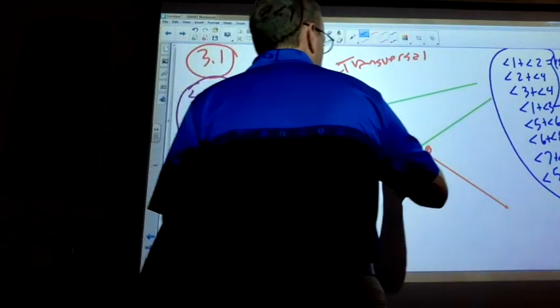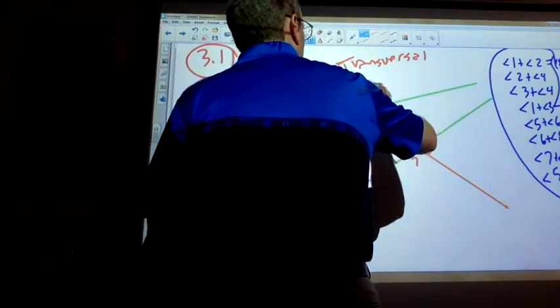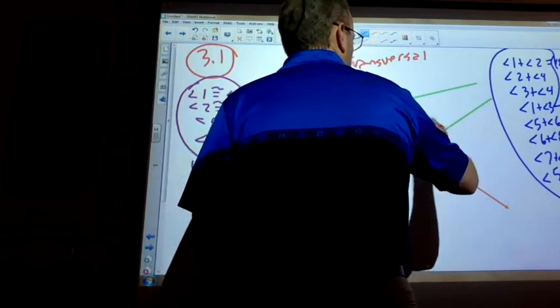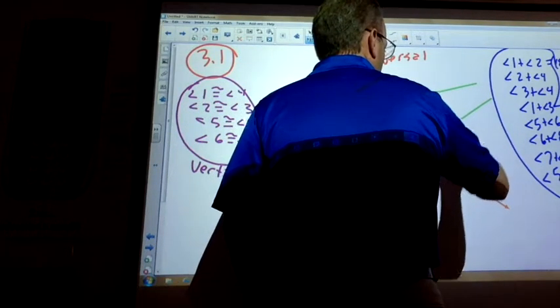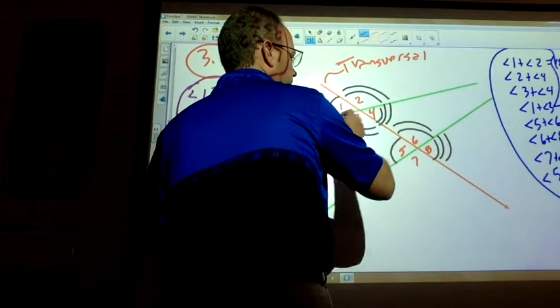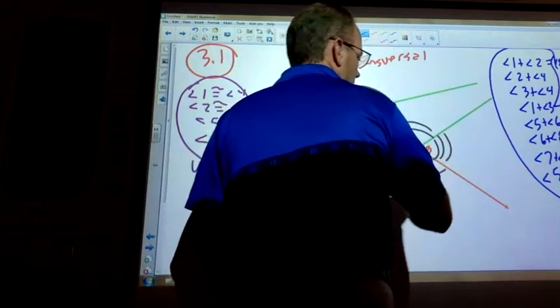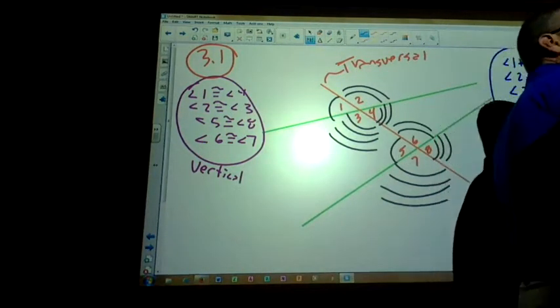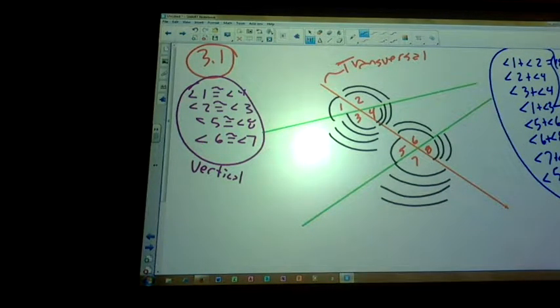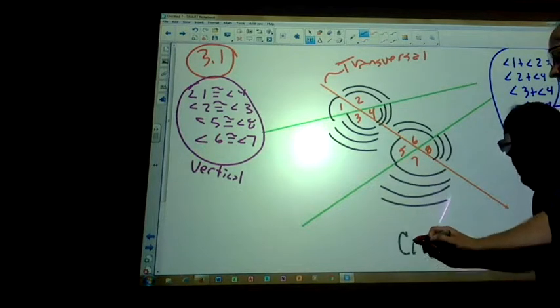So angle 1 and angle 5. Angle 2, angle 6. Angle 4 and angle 8. And angle 3 and angle 7. Notice I have 1 tick, 2 tick, 3 tick, 4 tick. Still with me? So these are called corresponding angles.